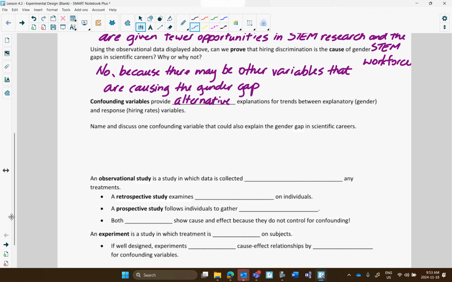Sure. And what could cause that? Why would fewer women apply?